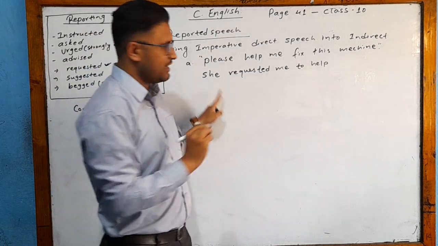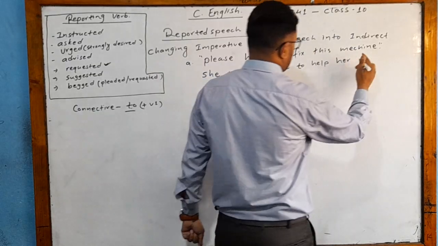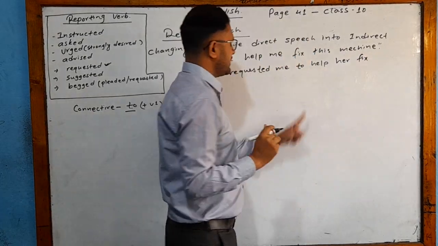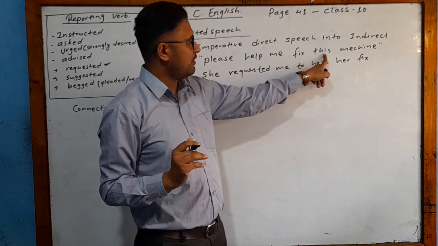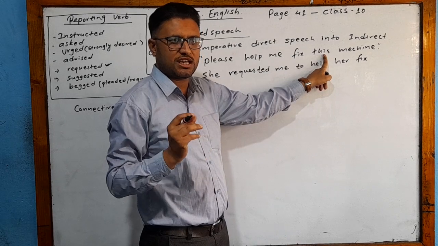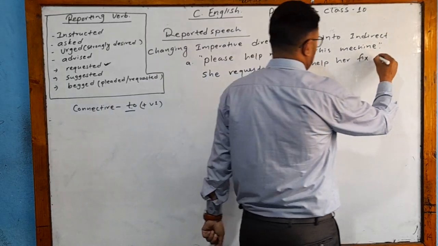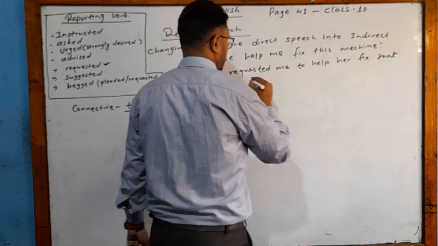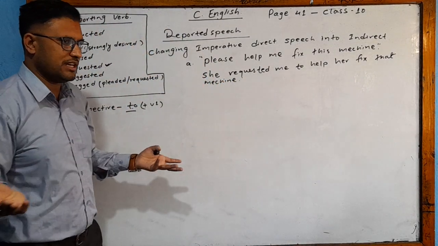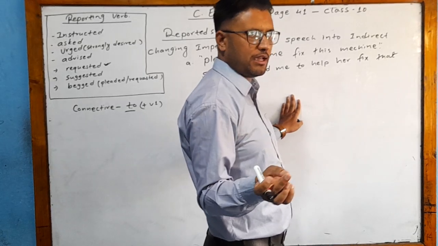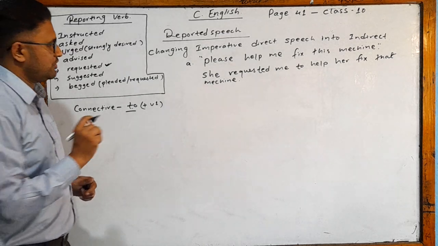She. So here, fix as it is. She requests me to help her fix that machine. So generally what we do is we change this into that while changing into indirect. That machine. Now you can simply fill in the blanks given in your book by writing, or you may copy down in your notes as well. So this is how we do it.